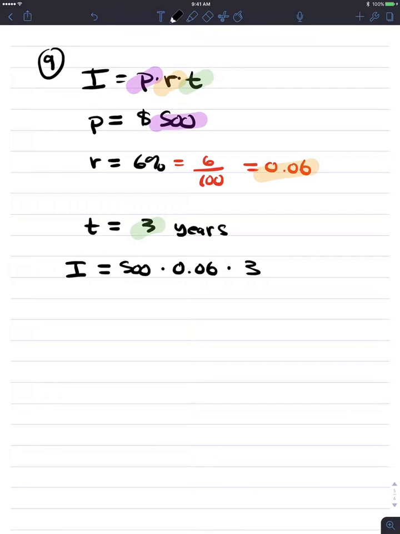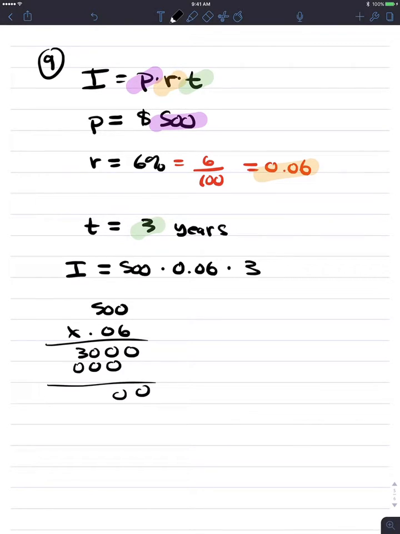So if we do the arithmetic, 500 times 0.06 as a decimal: 6 times 0 is 0, 0, I get a 30, and I get 0, 0, 0. Add: 0, 0, 3.